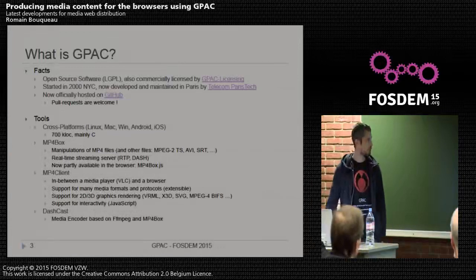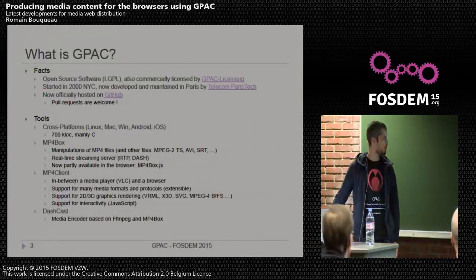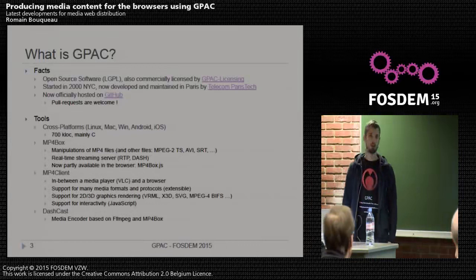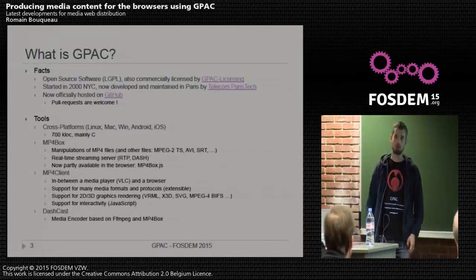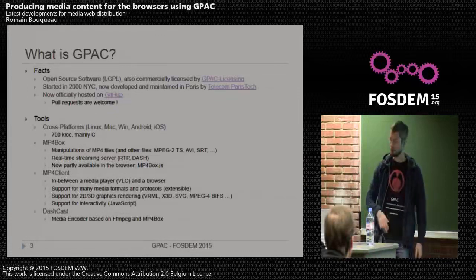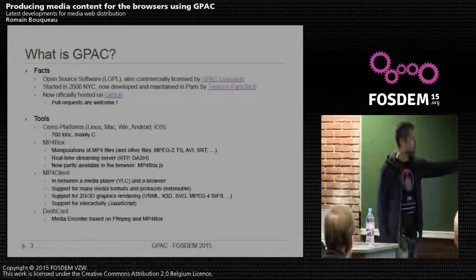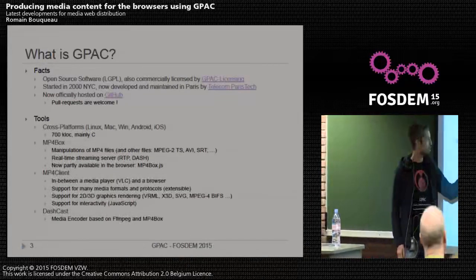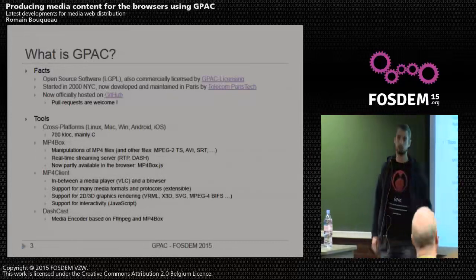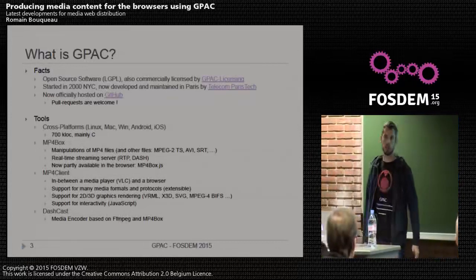It's cross-platform. It's a huge C code base, and we have several tools: tools for packaging, streaming, and playback, basically. I'm going to come back to this later. One interesting thing is that our main packager, called MP4Box, is also available as JavaScript, mp4box.js.